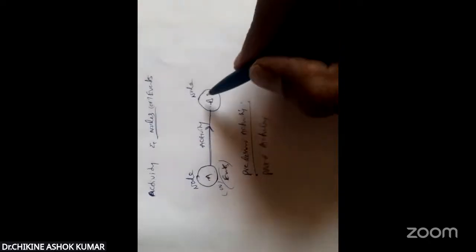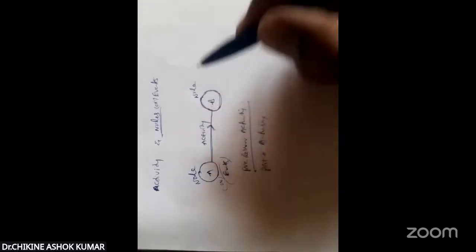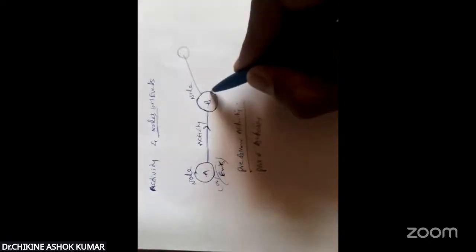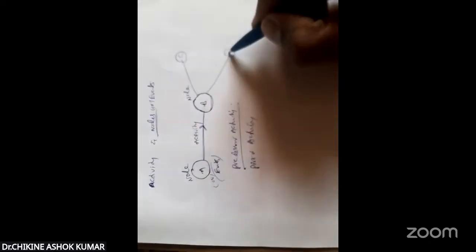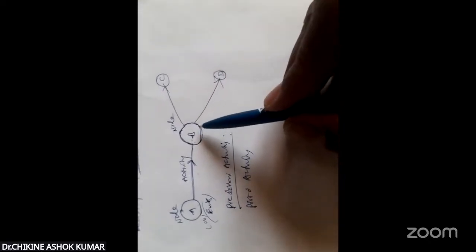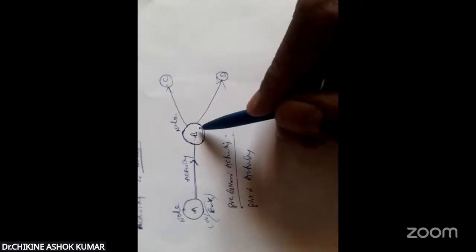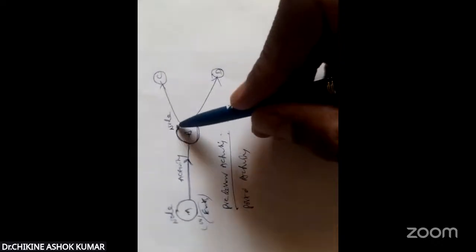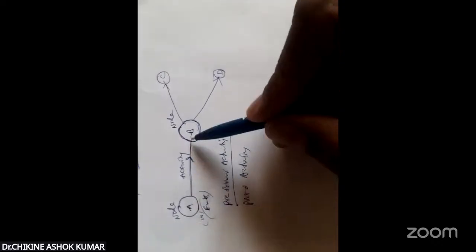Here, if B is the activity, and from B I take two more activities, C and D, then for B the predecessor activity is the one before it. Before B we have activity A.